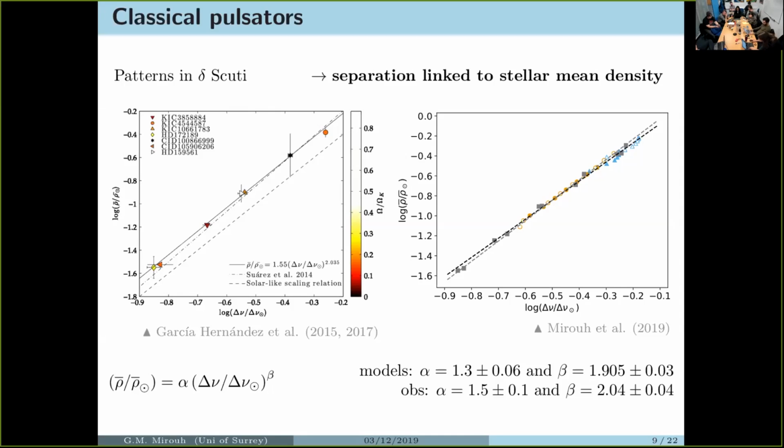The orange and blue points are models with varying core abundances and rotation rates. This scaling relation is independent from rotation and links simply mean density to the large separation we're able to find. So far, we were not able to find an equivalent to the nu max that we have for solar-like pulsators. So we only have half of the package here.